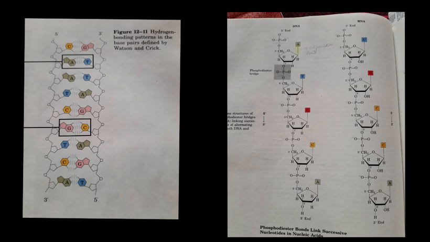This is formed by removal of the elements of water. That means a hydroxyl group from the pentose and a hydrogen from the base. That means it's a condensation reaction, and thus it is formed. Without the phosphate group, the molecule is called a nucleoside, and nucleoside triphosphate.